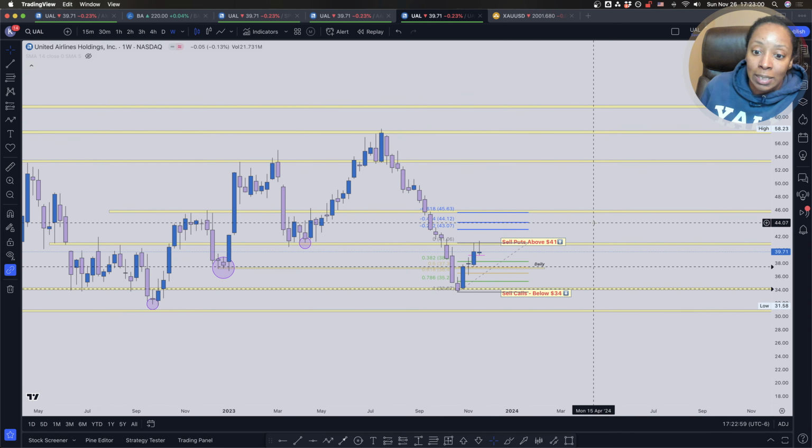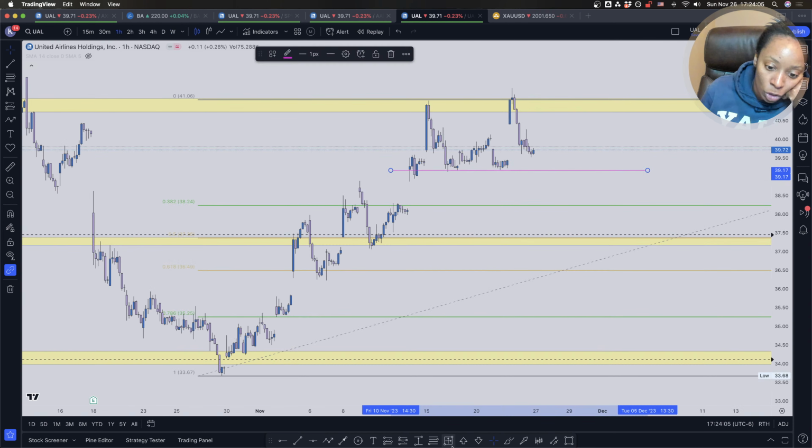This zone right here, especially since there were multiple rejections off this 38.24 level, and especially on here. So I still have a pretty good margin in terms of where price is at and where I needed to stay away from, which is basically this level right here, in order for me to collect the $50 in premium. So we shall see.